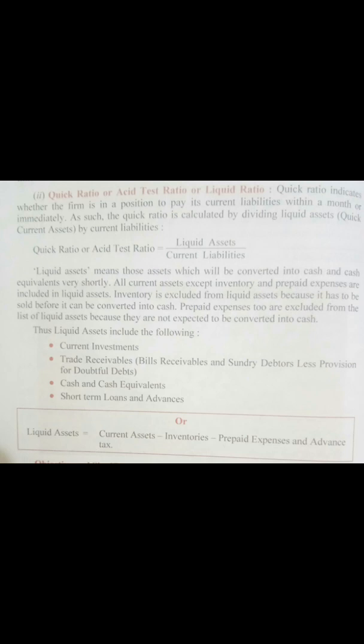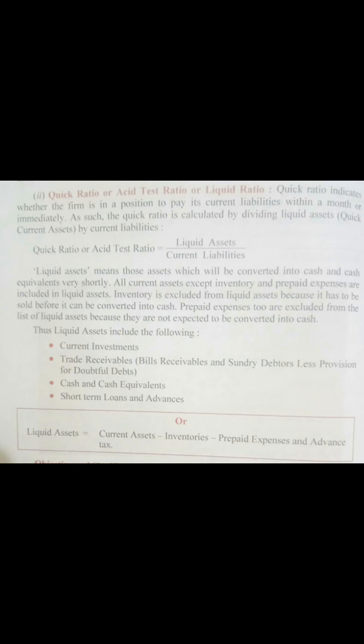And here near the bottom, the formula for calculating liquid asset is given: for calculating liquid asset we have to subtract inventory and prepaid expenses and advance tax from the current assets.